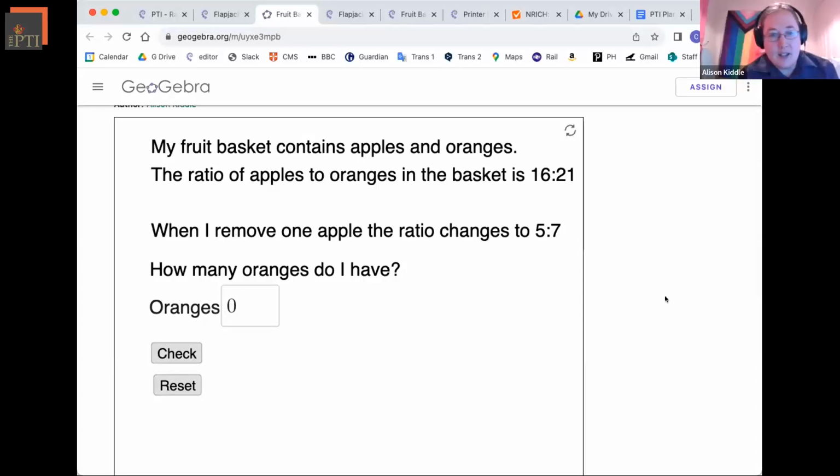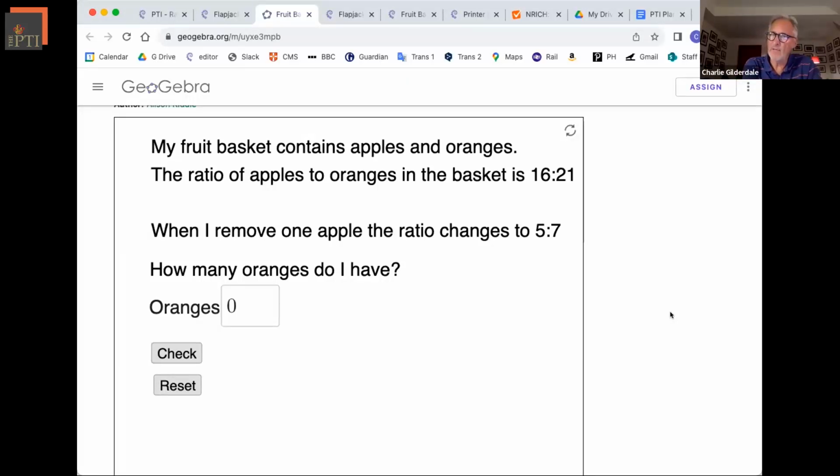Yeah, as I say, it chooses the numbers completely at random, so you never know what you're going to get. Okay, so perhaps we do want you to do a bit more work on this, because so far they've been relatively straightforward.